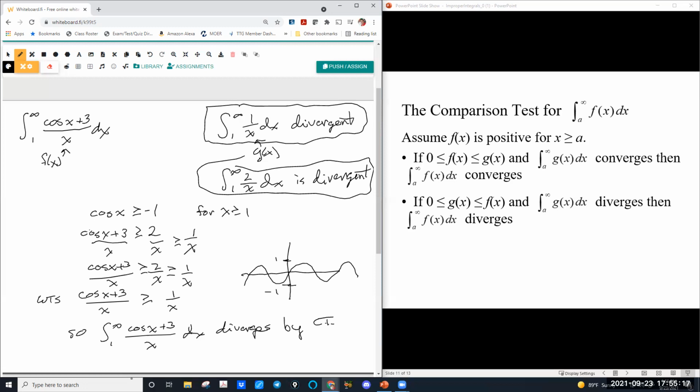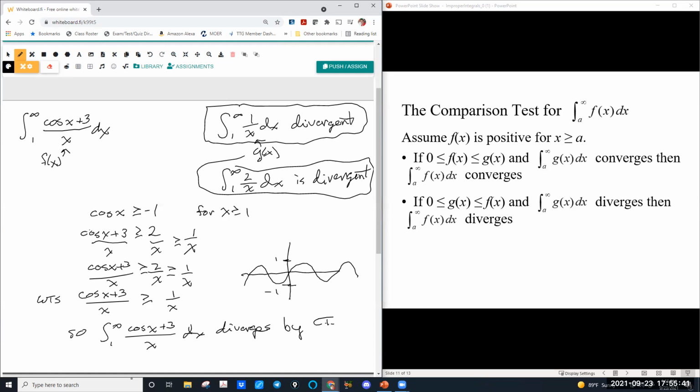On the midterm, it'll be multiple choice. So it'll say which is the appropriate use of the comparison test. So we just need to know how to use it. But the best way to learn how to use it is to write up some of these proofs. So you're going to want to do that when you work through your homework.